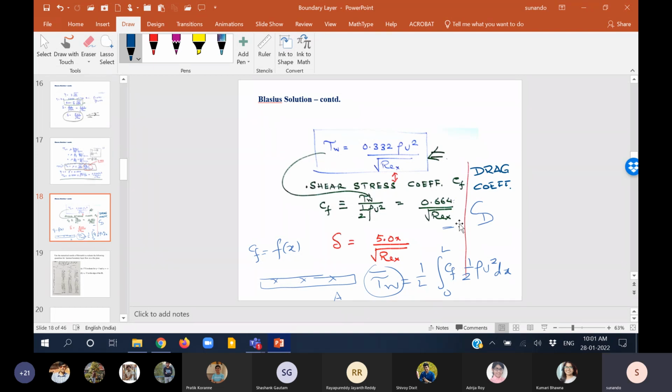How can I treat turbulent flow in this case, which is the most common industrially relevant flow situation in most of the cases? So the analytical approach gave us very good understanding for a simple situation. It tells me that delta is going to vary with root over x.